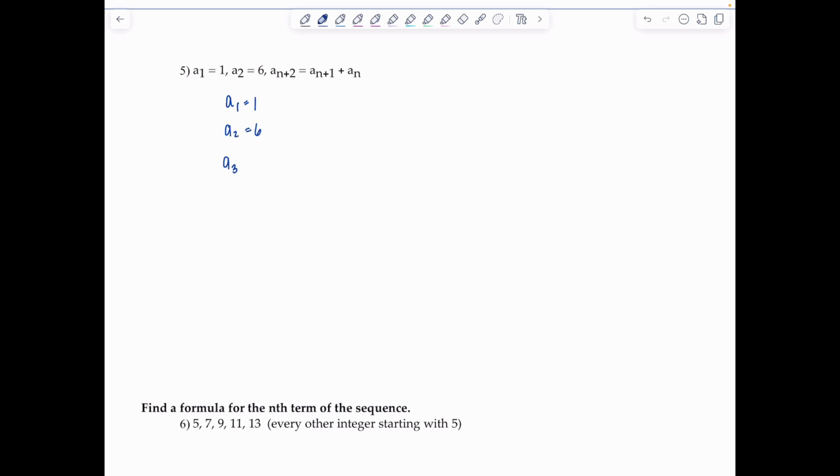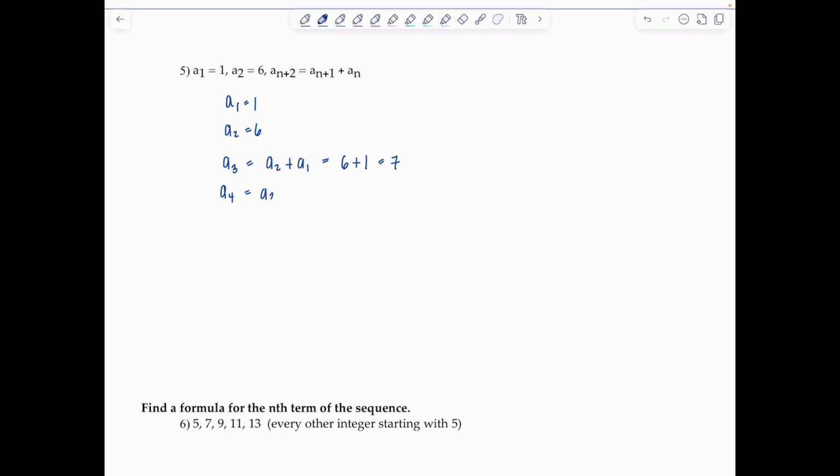A sub 3 would be a sub 2 plus a sub 1. If I just simply plug in 1 for n, 1 plus 2, that would give me a sub 3. And that's going to equal the sum of a sub 1 plus 1, which is a sub 2, plus a sub 1. Very good. Well, that's not too hard. I'm just going to take 6 plus 1, so that's 7. Do you get the hang of the pattern? Can we just write out a sub 4 now?